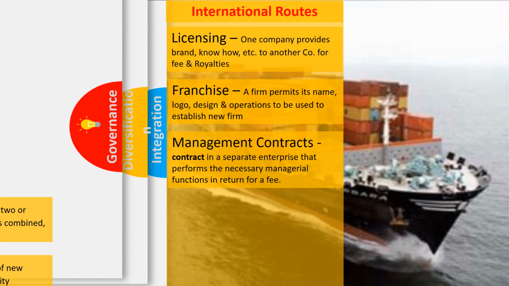So when we're looking at management contracts, if you've got a whole chain of hotels, you just take one of those hotels and you could offer another company to manage that in the way that you want them to manage it. So again, a management contract is a separate enterprise that performs the necessary managerial functions.